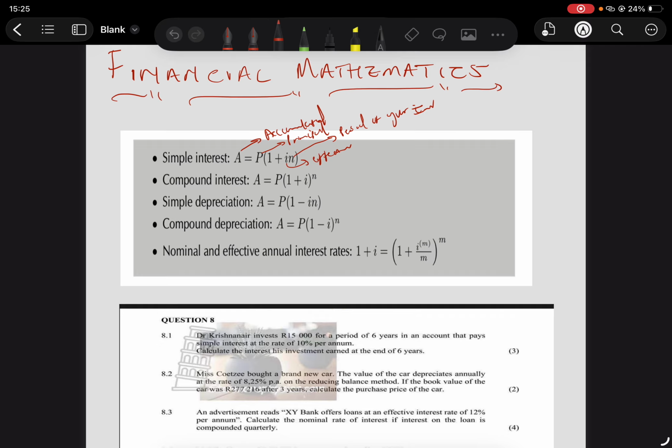Right. Depreciation now means loss of value, or for a better word, decrease in value. So if your asset is decreasing in value, this means the value that you're going to end up with will be less than what you started with.